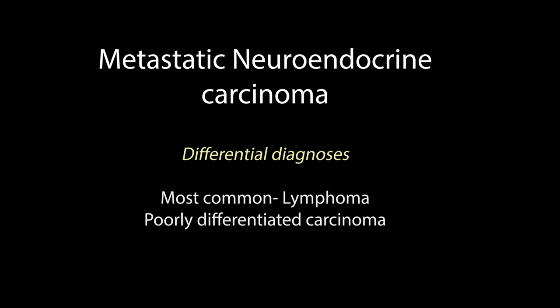Diagnosing neuroendocrine carcinoma in lymph nodes, for example, can be somewhat tricky, and often we'll use ancillary techniques, but it's important to look for those features I've just talked about that separate it from lymphoma. Another difficult differential sometimes is between a poorly differentiated squamous or glandular carcinoma and neuroendocrine carcinoma, and so identifying particularly the nuclear features is important in those, including an absence of nucleoli.